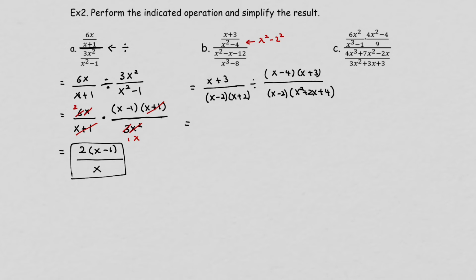But don't forget, in order to do any canceling out, you need to change to multiplication and flip the second fraction only.